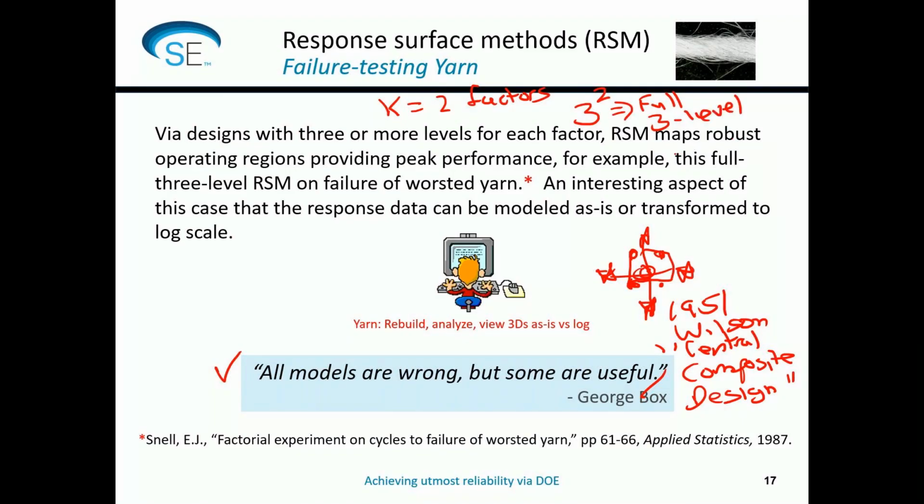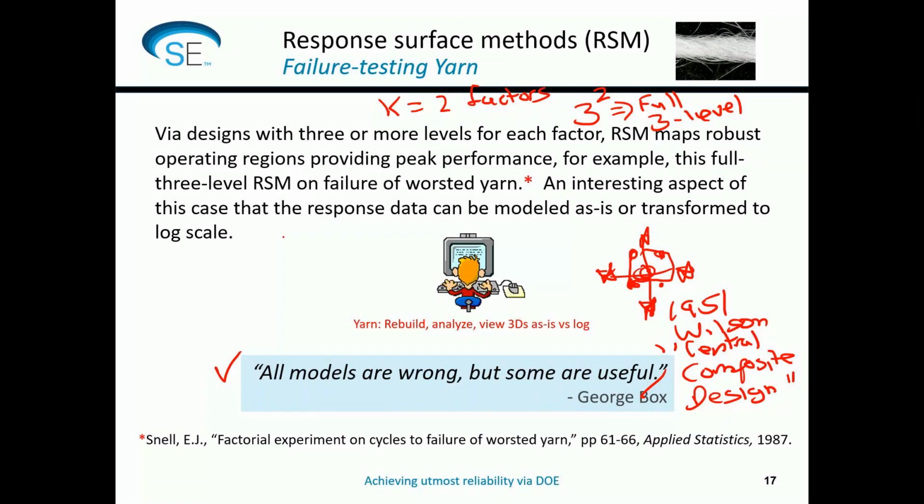Because of it being simple, you can explain it to people fairly easily, and you do get enough levels to fit the quadratic polynomial that can fit rising ridges, simple optimum peaks or minimums, and things like that. So I think that's probably not a bad design.